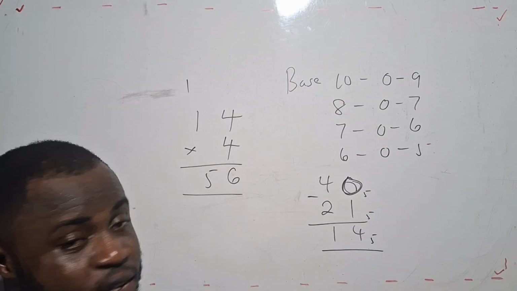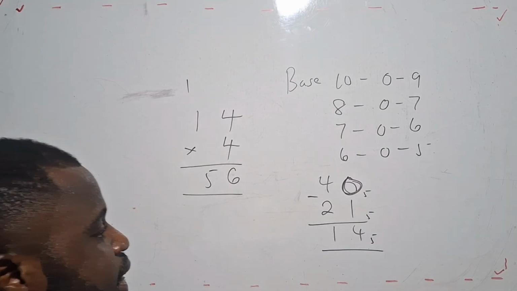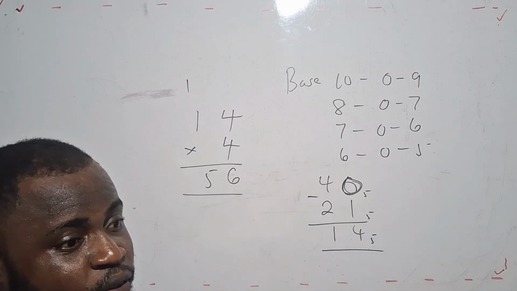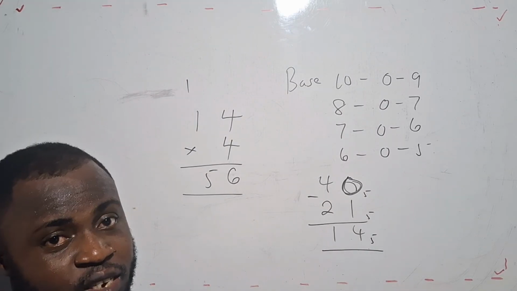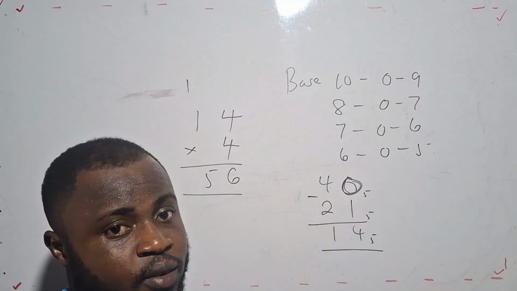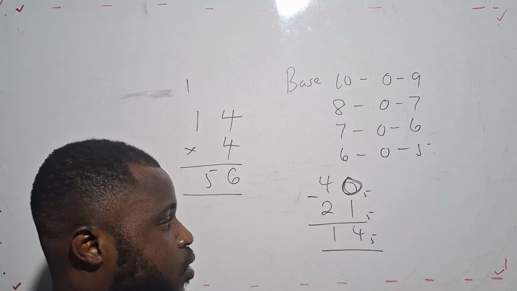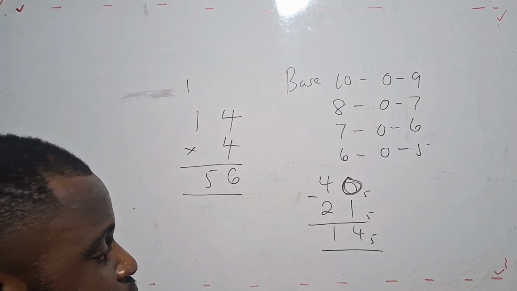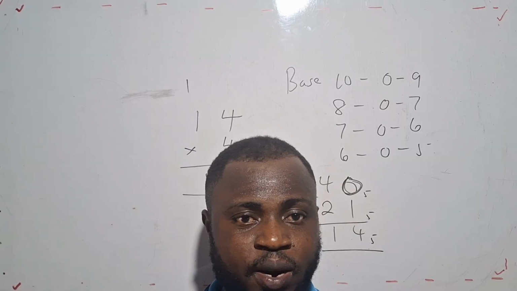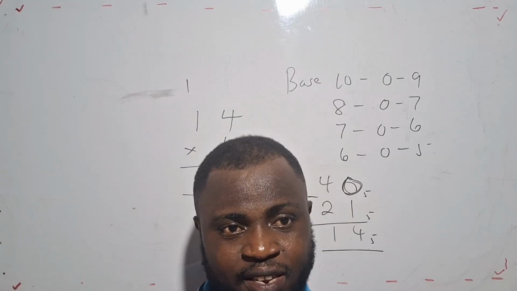But when you multiply and there's a remainder and you are carrying it forward, if it is 1, it's 1. If it is 9, it's 9. If it is 8, it's 8. So take note of that. So when you multiply, the rule still applies, the remainders we keep as the answers.